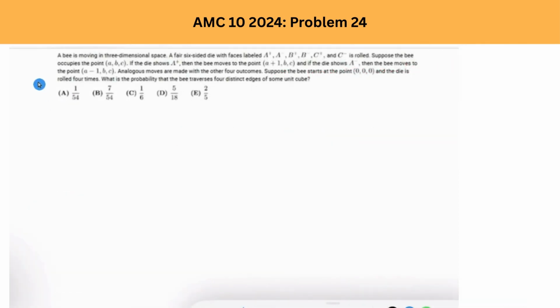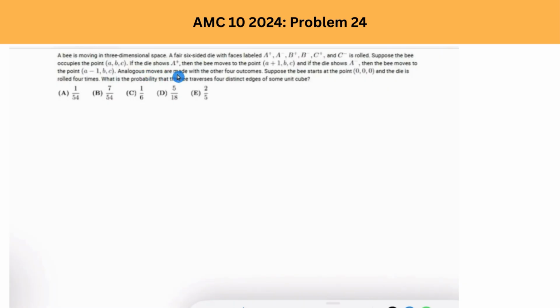Okay, so now let's look at problem 24, where we are given that a bee is moving in three-dimensional space. A fair six-sided die with faces labeled these is rolled. Suppose the bee occupies the point ABC.